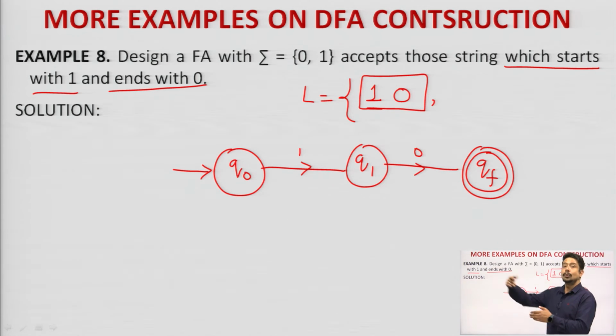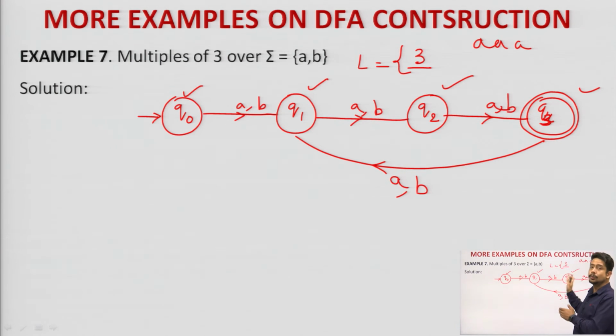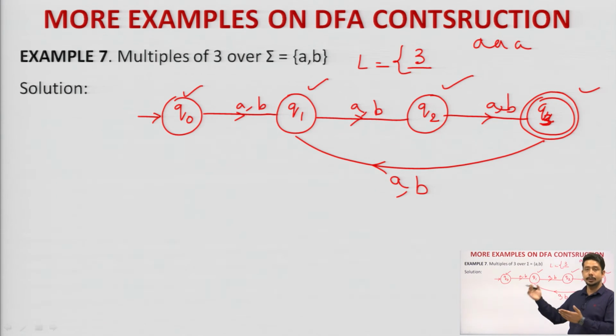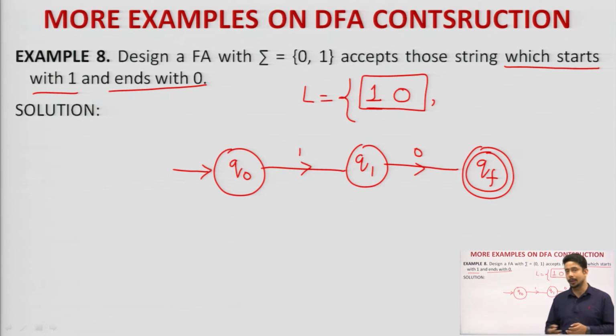Some may use one more state. If you look at the previous example, I haven't used one more state. I directly did the backtracking process. Some may use one or two more states and then process it, so that will be lengthier, but the diagrams will be different. So, if you can practice these 30 topics which I will be mentioning in the next video, then it will be easy for you.